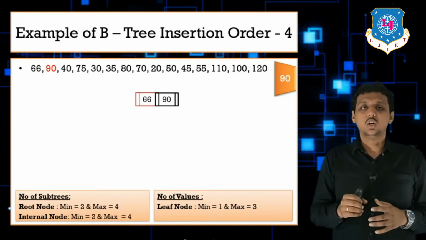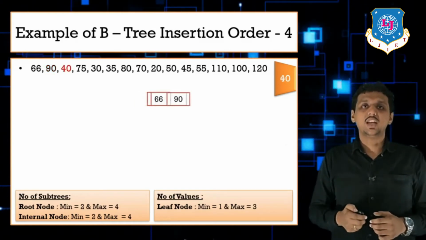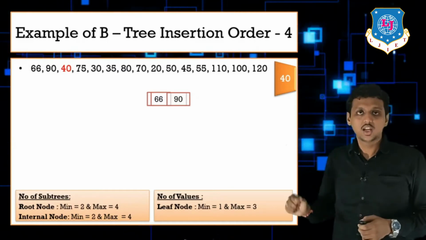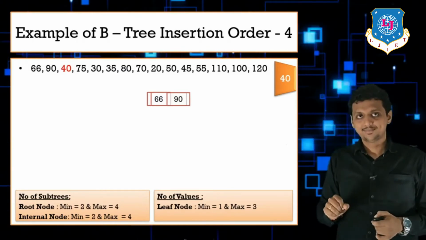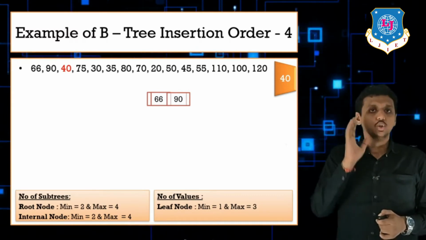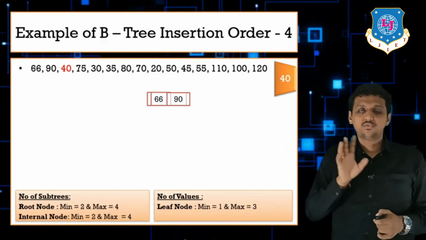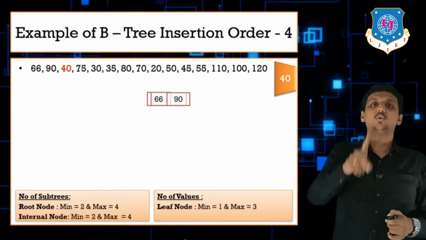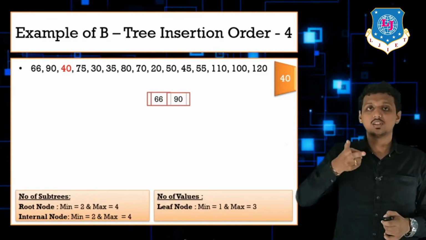Okay, now let's move further for the next value. There we have 40. Okay, so students, tell me, 40 can be inserted at which position? Okay, don't think much, just put the value in ascending order. First check, is there any space or not? Before insertion, you need to check whether there is space in the node or not. 2 insertion rules.